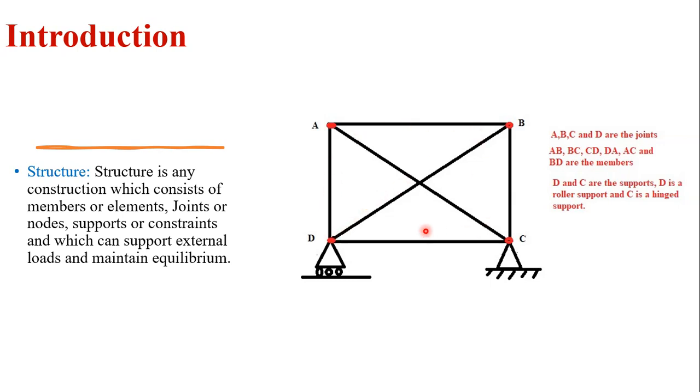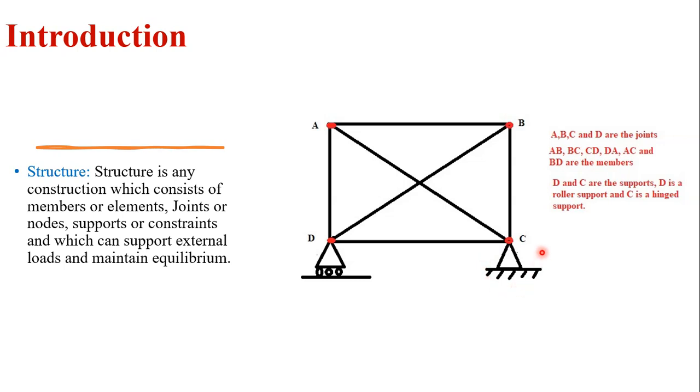All these are the members, and these members are connected to each other with the help of joints. So this is joint A, this is joint B, this is joint C, this is joint D. All members are connected to each other with the help of joints, and this entire construction is resting on supports. So at A, this is a roller support, at C, this is a hinged support.